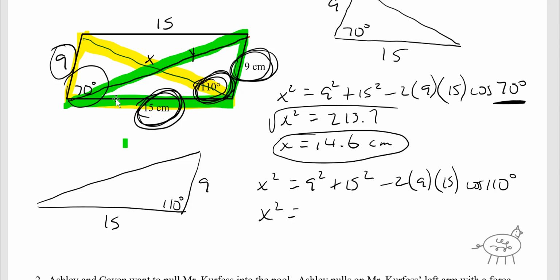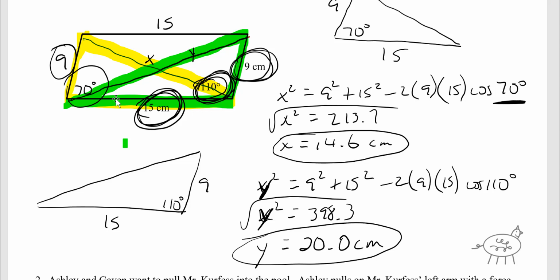You put that in your calculator, and y squared is equal to 398.3. Take the square root, y comes out to be 20.0 centimeters. Pretty easy. Find the 2 diagonals of the parallelogram. That's all it is. Okay, that's cool.